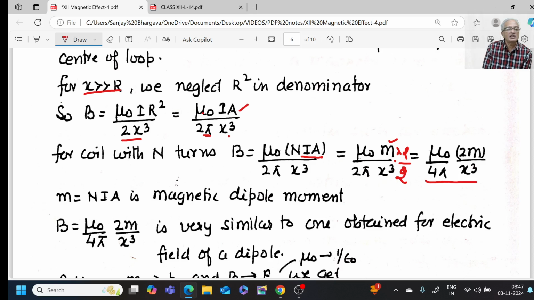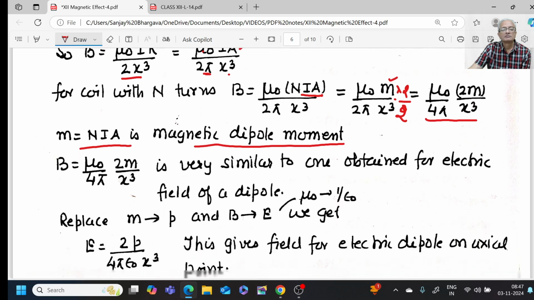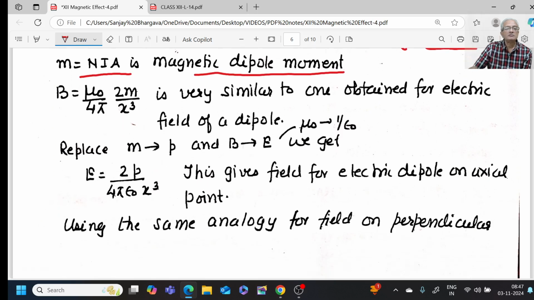Here m is equal to NIA, the magnetic dipole moment. B would be equal to mu 0 upon 4 pi into 2m upon x cube, which is very similar to the one obtained for electric field of a dipole.